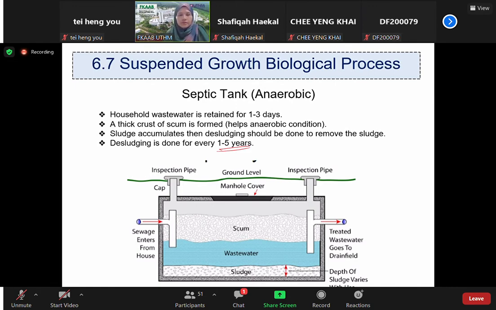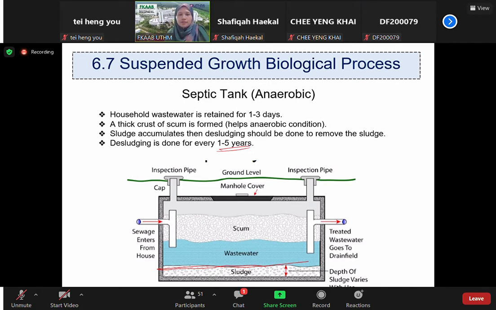Okay, the process of this septic tank is the wastewater from the house comes in here. The process is, dia ada manhole cover. Dia ada certain part tu it will become a sludge. Okay, yang ini yang kena buang. Ini wastewater still okay, tapi after certain time dia akan juga keluar as treated wastewater.